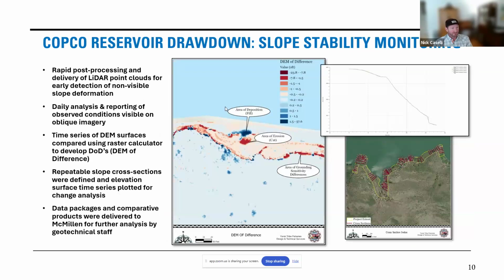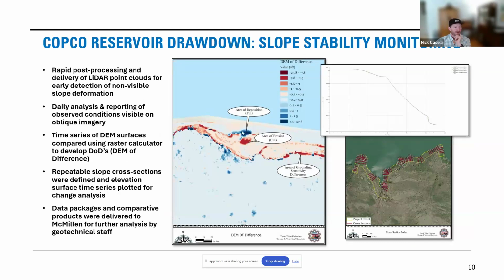So with repeat sets of data, we were able to help do some comparisons. Essentially, we can difference the rasters against each other and try to identify areas of slope movement. In the photo here, this is the Copco rim, the residential rim that the homes were on.